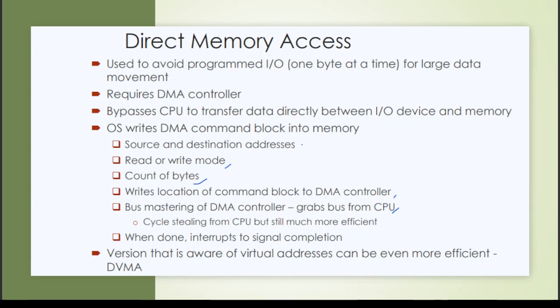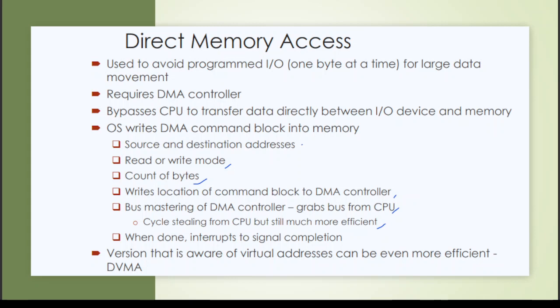The cycle stealing method of a DMA is much more efficient, as the CPU will also continue its working and the data transfer will also be executed. The data transfer will always take place in between the execution of free cycles of the CPU.